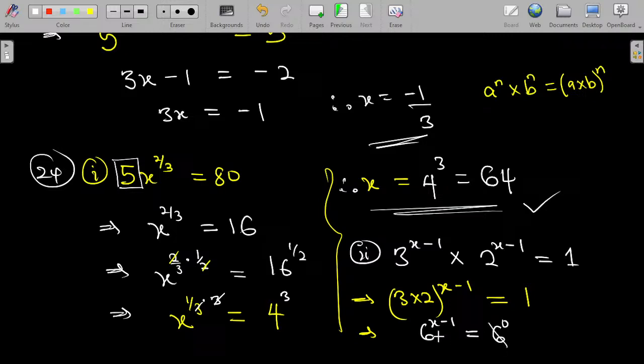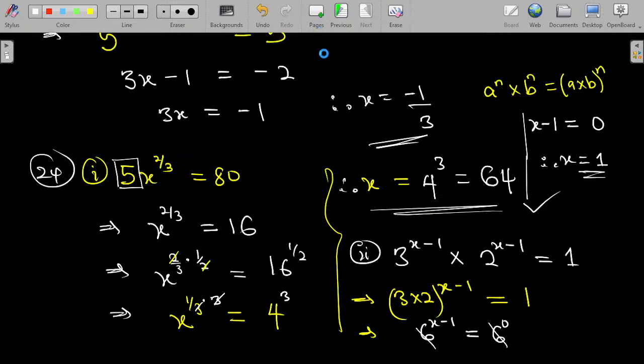So immediately the bases are the same, so I can now write that x minus 1 is equal to 0. Therefore, my x is equal to 1. I sincerely like this particular exercise. It's so beautiful. All right, so the value for x in 24ii is 1.